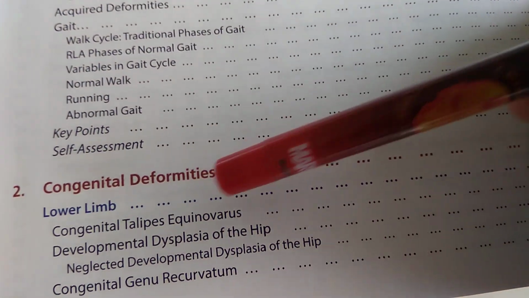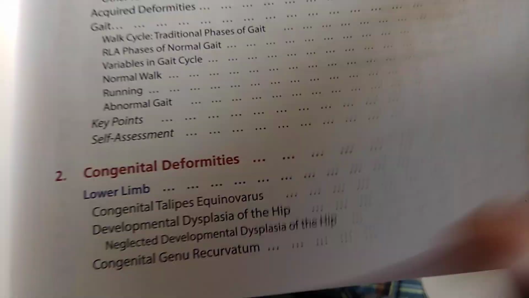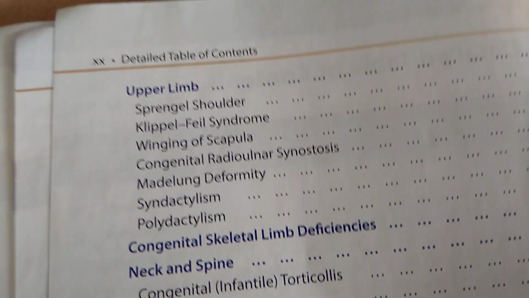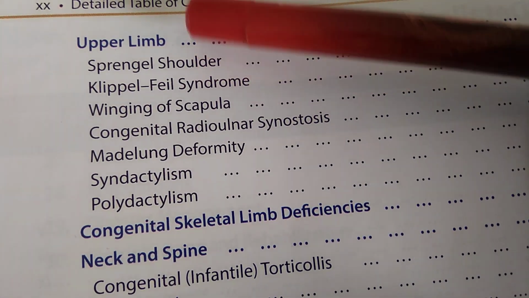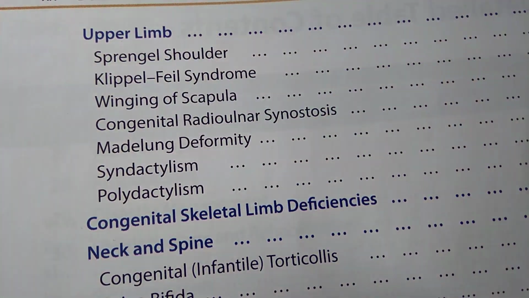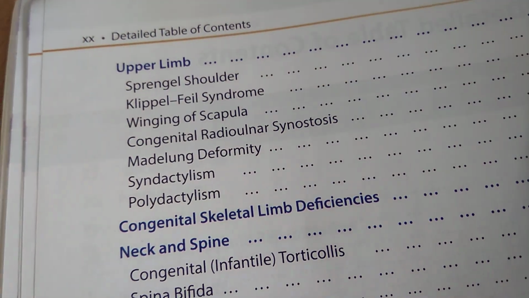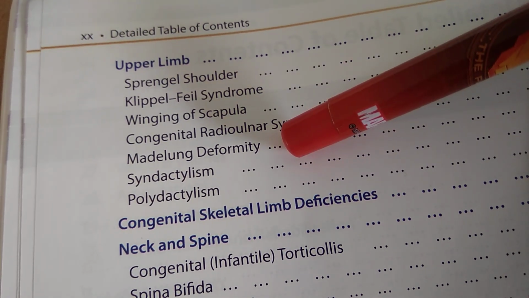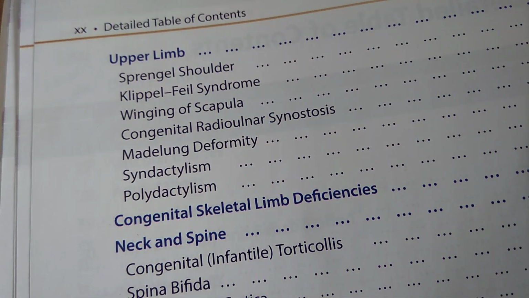Congenital talipes equinovarus, varus is it? Then coming to upper limb, what and all can happen. Look at these names. Something with the shoulder, then you have the Klippel-Feil syndrome, winging of scapula, and this is having some problem with the fingers, isn't it?